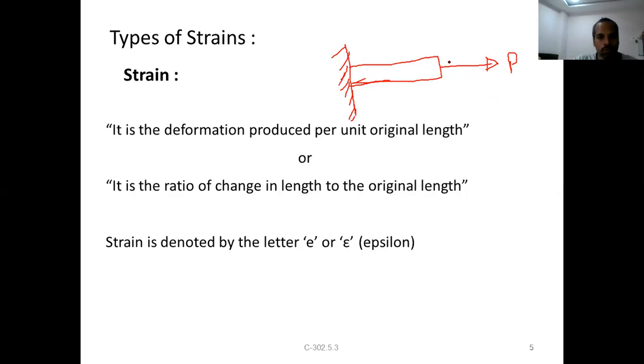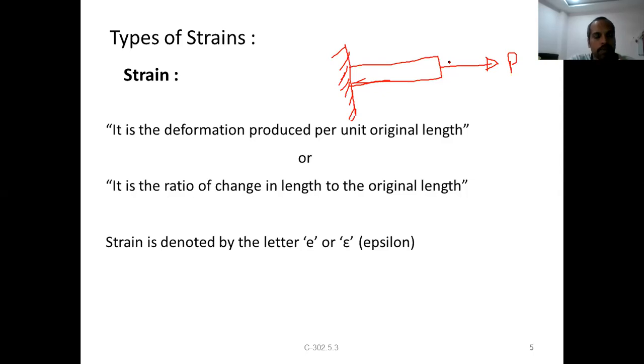Initially when the load is applied, let us see what happens. This is a very basic concept of stress and strain, so be careful about it. When a load is applied, the member may expand or contract, depending on the type of load.